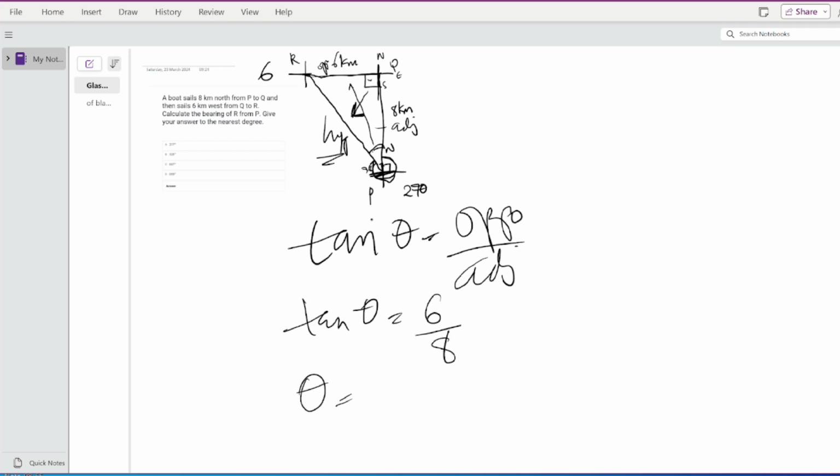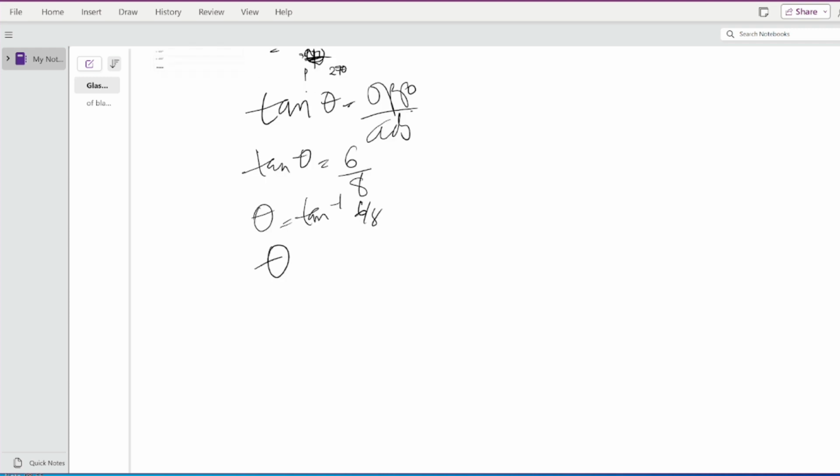Then you can see theta is shift tan, or arctan, of 6 over 8. Arctan of 6 over 8, which is 0.75. When you do your shift tan or second function tan, 0.75 is 36.9, which is approximately 37 degrees.